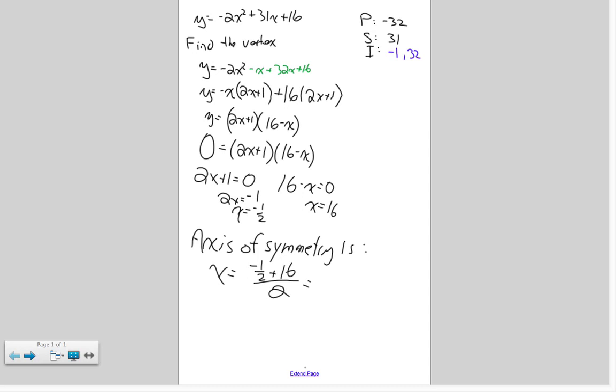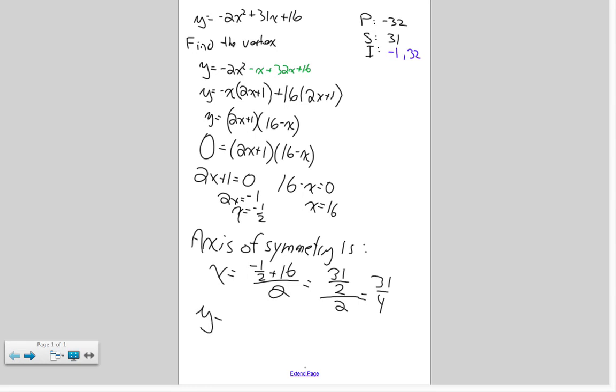So 16 times 2 is 32, so that's 31 over 2 divided by 2, which is equal to 31 over 4, roughly 7 3/4. So somebody pull out a calculator and put in 7.75 for x.